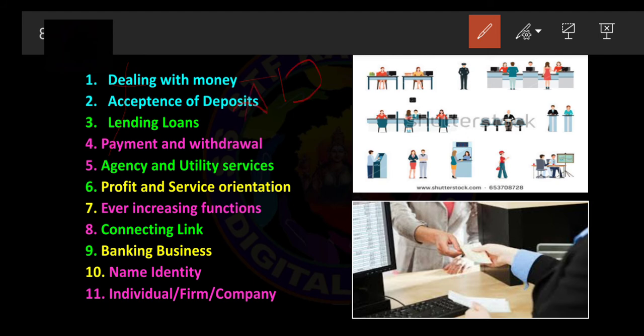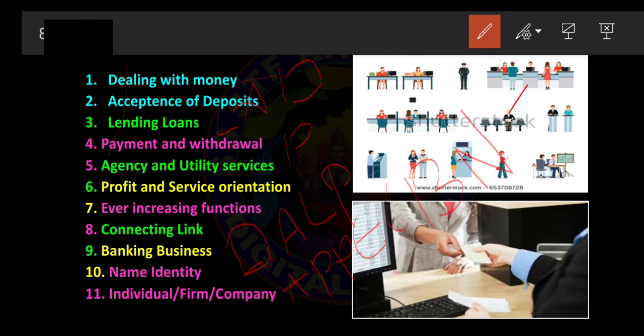And here you can see A, L, P, A, P, P, E, C, B, N, and I. So like this you can remember, like Dalp, Apec, Bernie, something.